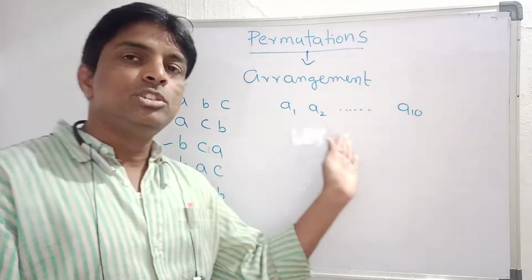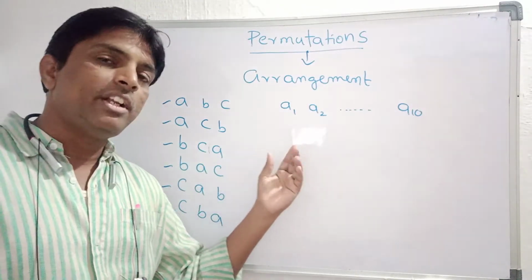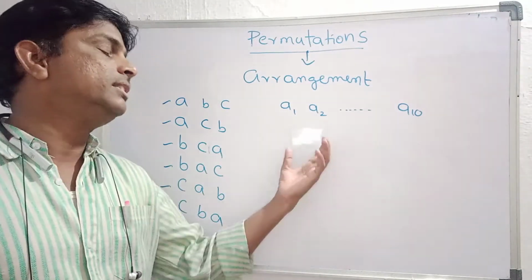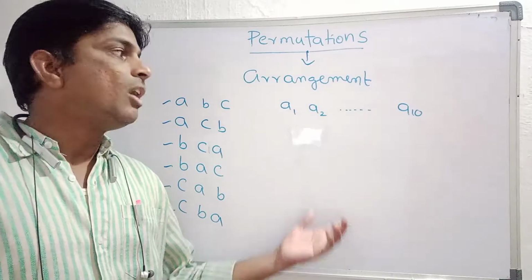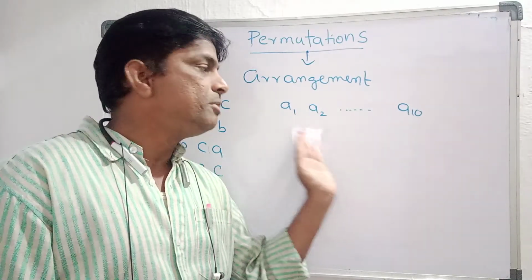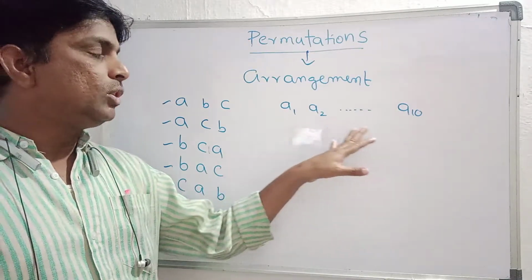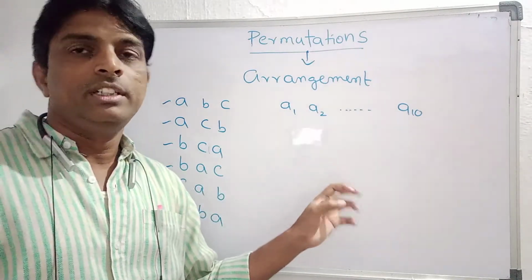But here, is it possible to write all the arrangements on a piece of paper? It's very difficult. Of course it is possible, but it will take a lot of time. So finding the total number of arrangements in this case becomes difficult.